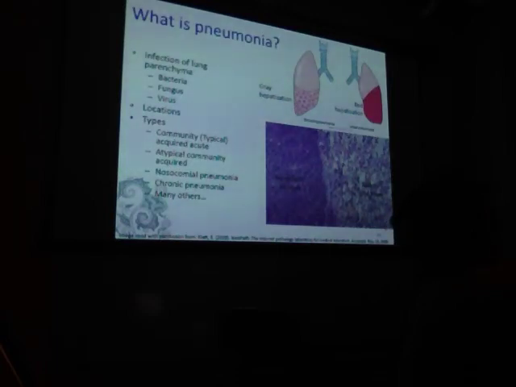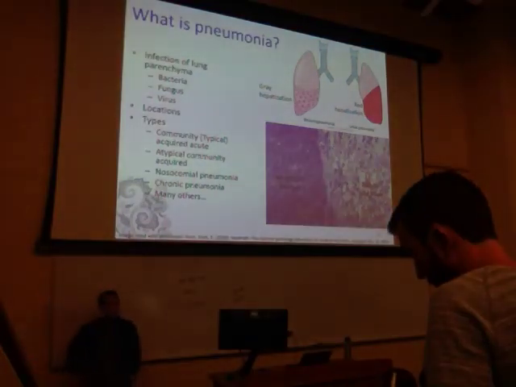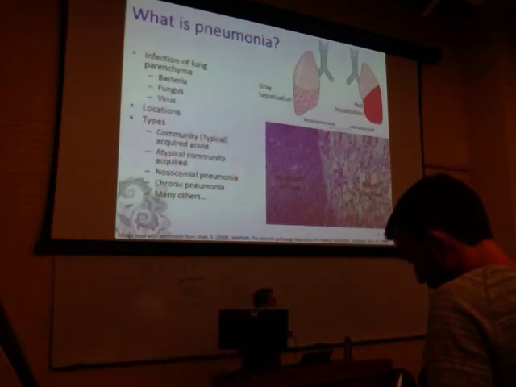The red appearance of the tissue of the lobes is indicative of a lot of hemorrhaging that's taking place in the tissues. In contrast, our gray hepaticized is often seen with what we call bronchopneumonia. Bronchopneumonia is affecting the bronchial airways more so than the lobes themselves. Okay? So gray hepaticized is bronchial, and red hepaticized being more lobar in nature.